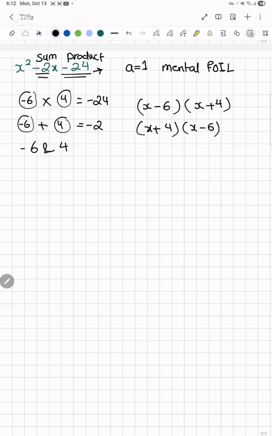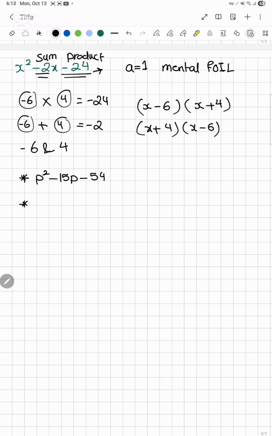I'm going to give you some exercises so that you can practice if you know what mental FOIL is or not. So my first example would be p squared minus 15p minus 54.